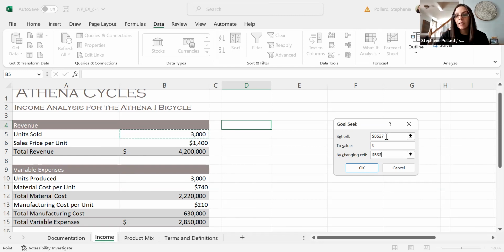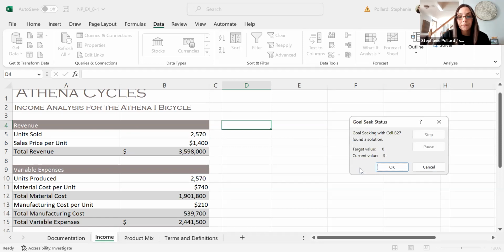So our set cell is the income, because that's what I'm trying to figure out, right? When is my income 0? And then my changing cell is B5, because that's the number we're playing around with. And then when I'm all set, I'm just going to hit OK. And then it will fill in and change that value for me. If I want to cancel it, I can just cancel it out and revert back. But if I want to leave it, I would just click OK.